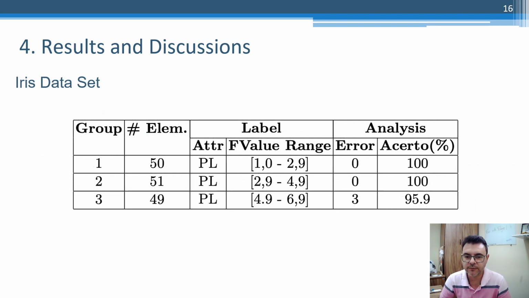So we have a label with PL as the most valuable attribute with these PL ranges, and we can see in the last row the accuracy of this attribute and this range. All 50 elements have PL in this range. Here we can see 3 errors: 3 elements do not have PL in this range.